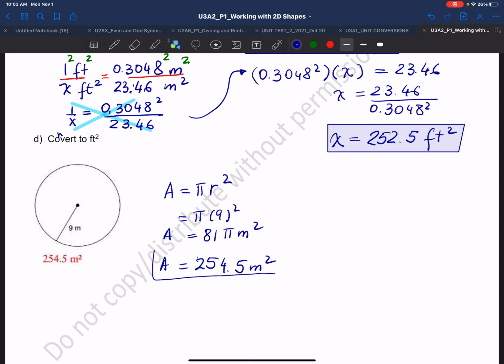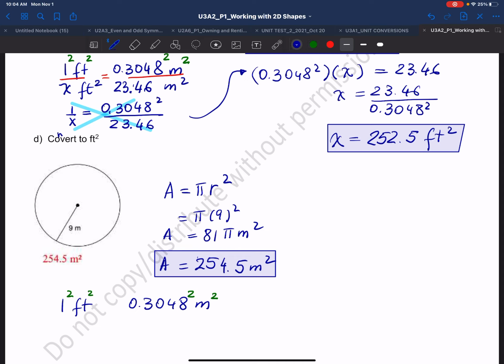Since we want to convert to feet squared, again, it's the same procedure. We're going to say 1 foot is 0.3048 meters. We get this from the chart, from the table, unit conversions. Therefore, 1 foot squared is 0.3048 squared meters squared.